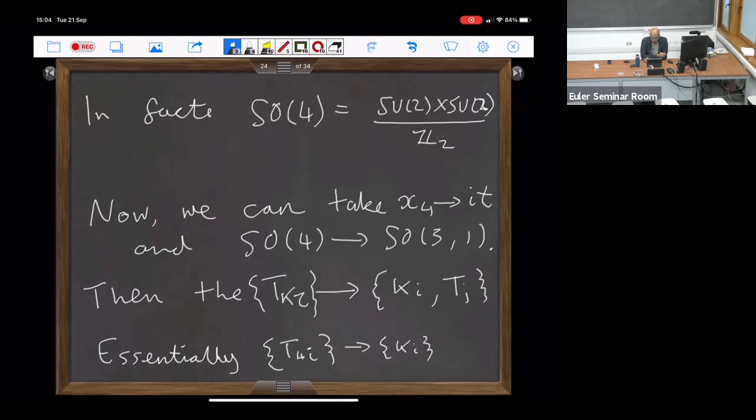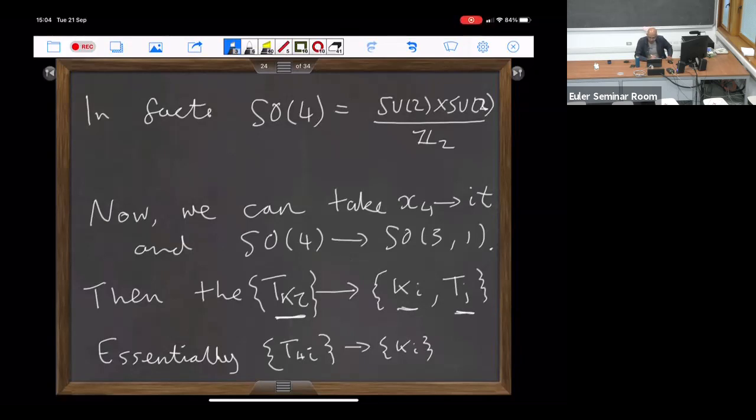Okay, so now if we do the analytic continuation back to take SO4 to SO3,1 effectively, then the 6 generators that we started with go over to the 6 generators of the Lorentz algebra, namely the 3 boosts and the 3 rotations.